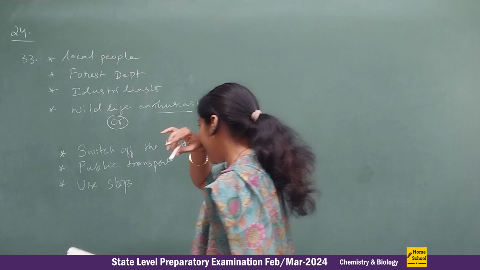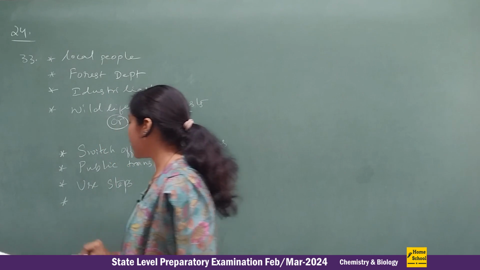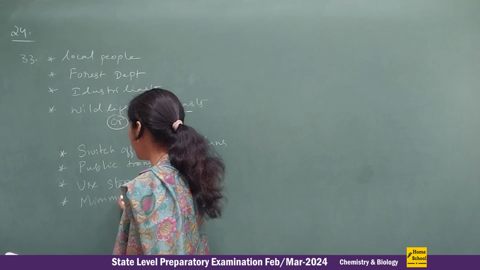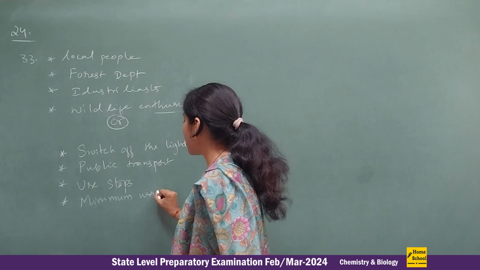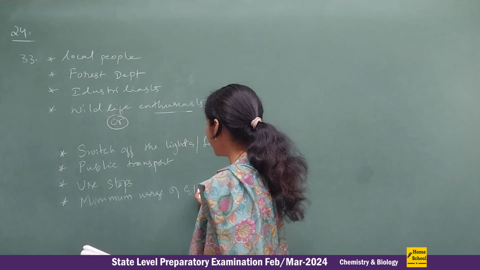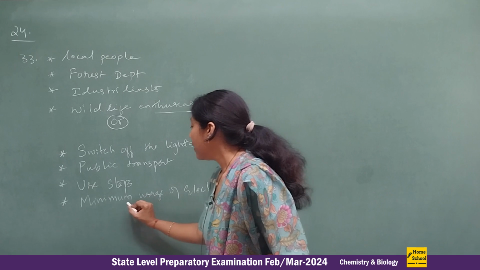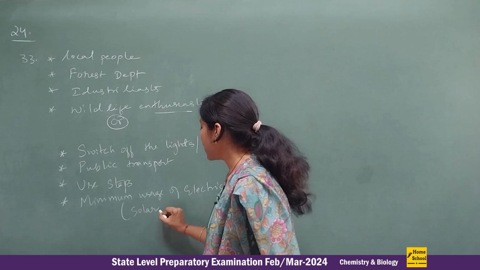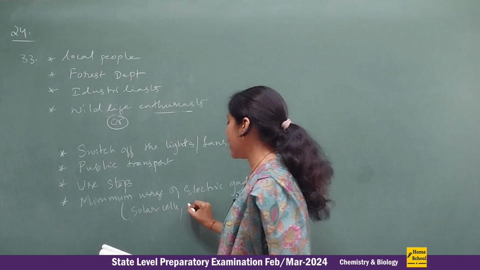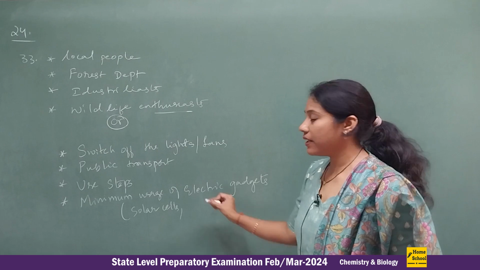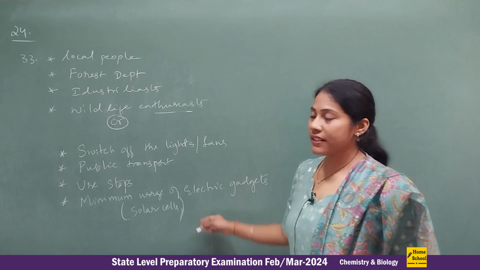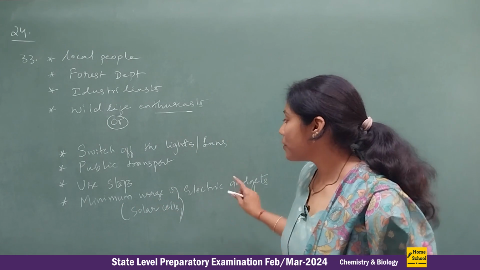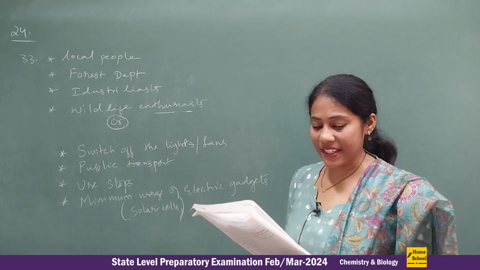That is one way. And the 4th point, what else you can write is minimum usage of electric gadgets. Or you can also write increase the use of solar. Solar energy or wind energy can be used instead of electricity-dependent gadgets. So these are the 4 points you can write as the answer.